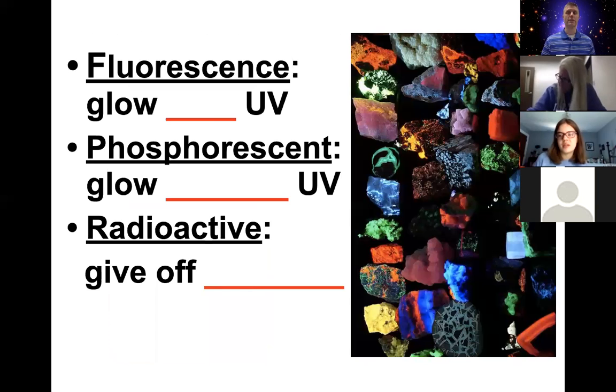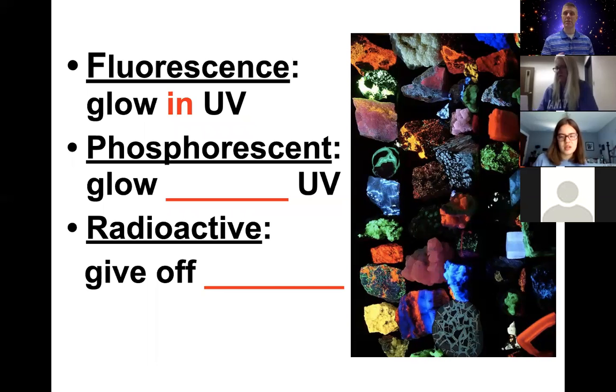And then a few other things that minerals can possibly do. One is a mineral could fluoresce or glow in UV light, like under a black light. That's actually what this picture is. These minerals are under a UV light, and so they give off light while they're under the UV light.